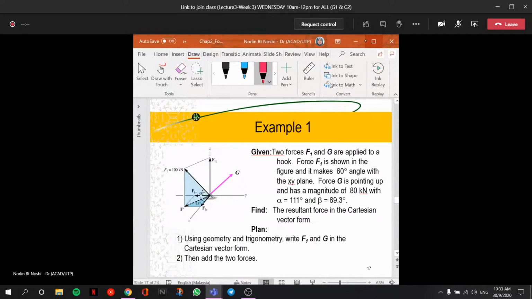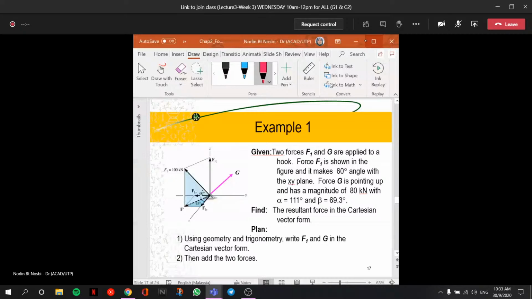Force F1 is shown in the figure and makes a 60 degree angle with the x and y plane. Force G is pointing up and has a magnitude of 80 kilonewton. And then the values given here are alpha and beta.